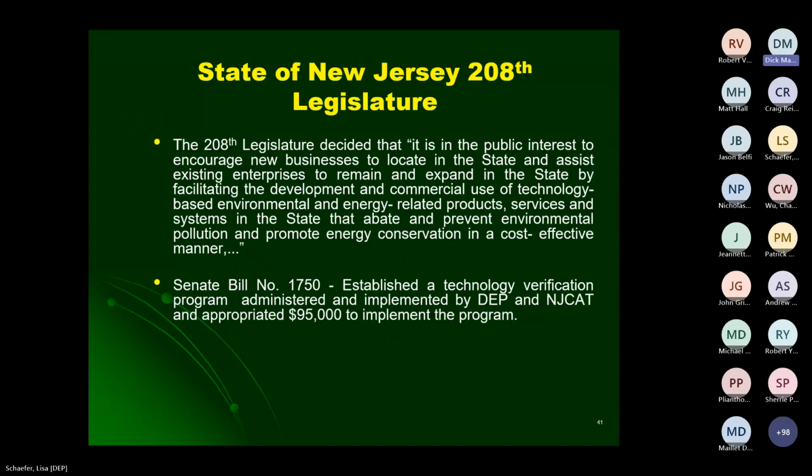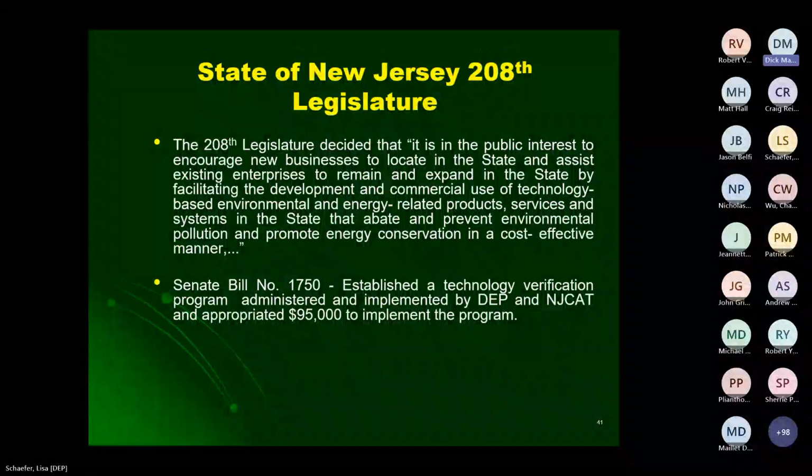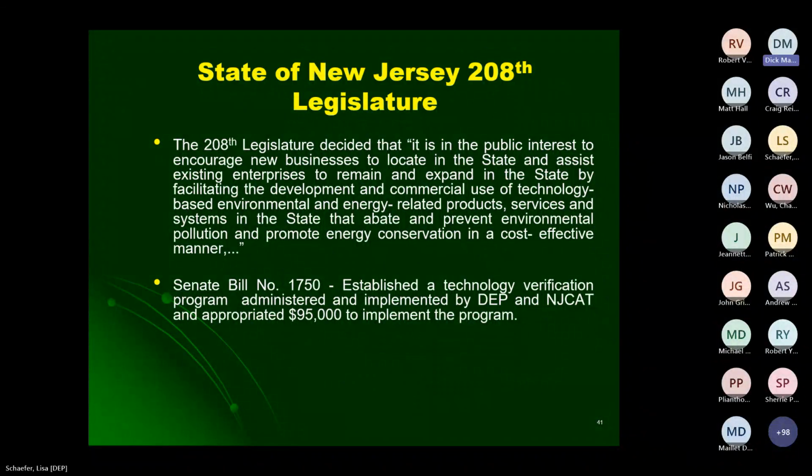And some background material. In the late 1990s, discussions began between then Commissioner Robert Shinn, former Governor Jim Florio, and Stevens Institute of Technology President Hal Raveché for the need to support the development and promotion of innovative energy and environmental technologies, or what are known as IEETs in New Jersey.